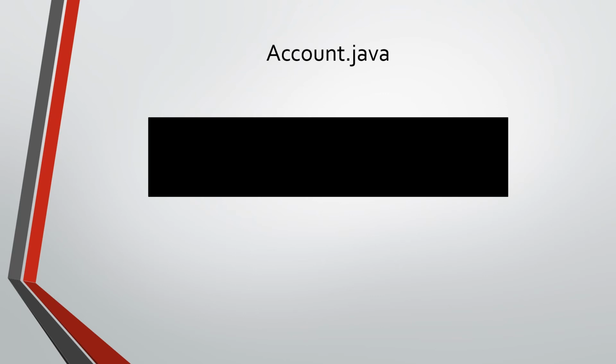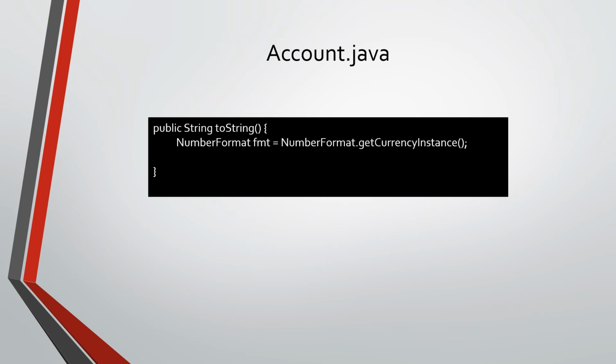We'll type public String, toString, then number format FMT equals number format dot get currency, return account plus the escape sequence for tab, which is \t, plus name plus two more tabs, plus FMT dot format, and in parentheses balance.